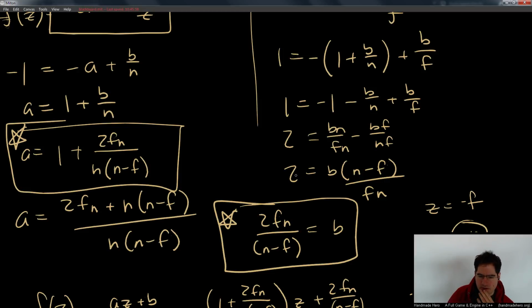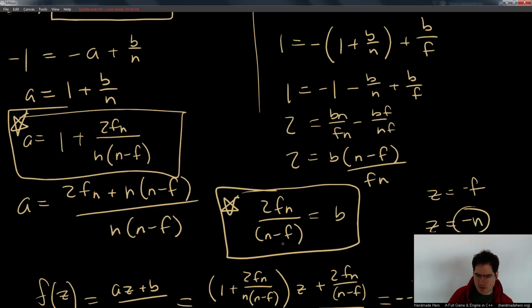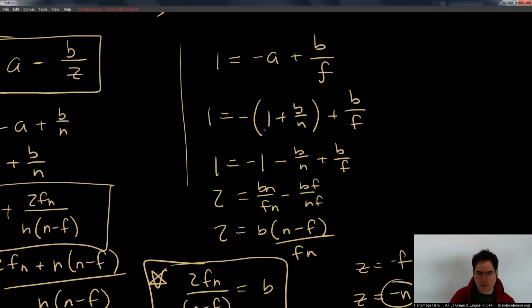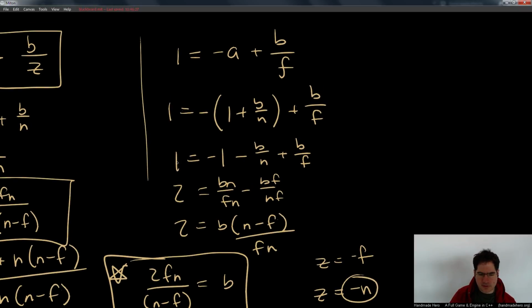So if we look here and we say that in this case b equals 2fn over n minus f, curious, let's take one more look at this. If we look at this, we've got 1 equals -1, so that obviously becomes 2, that's right. Negative bn plus bf, that's going to be negative bf plus bn on the top.